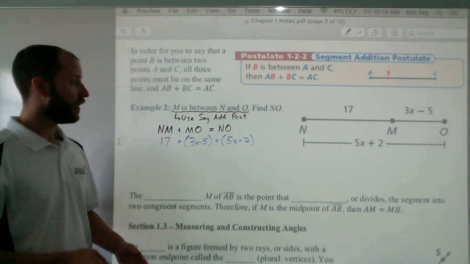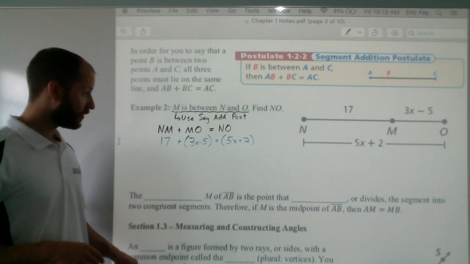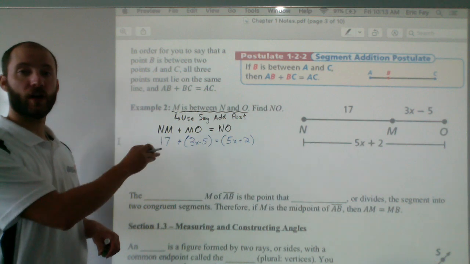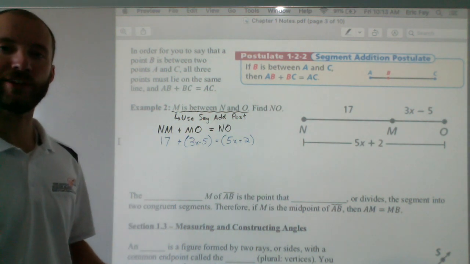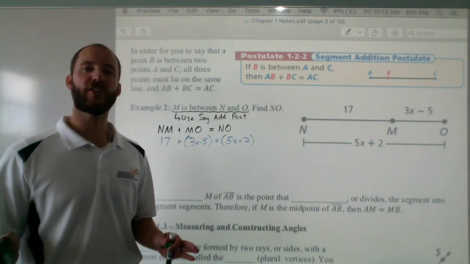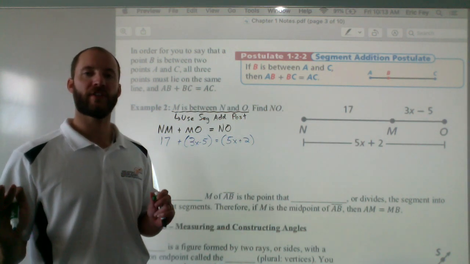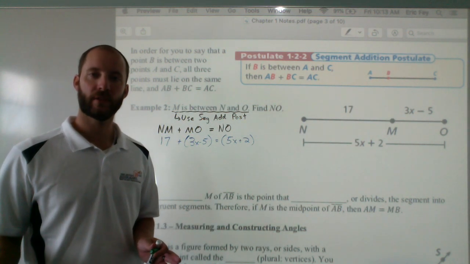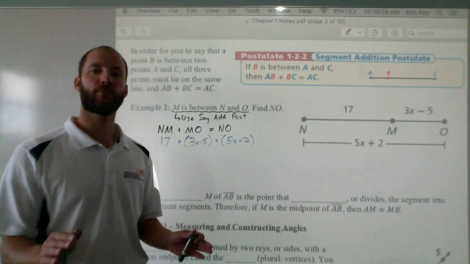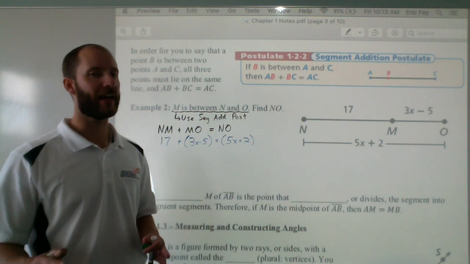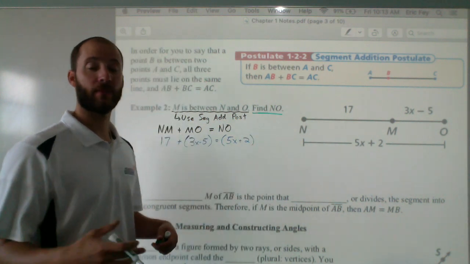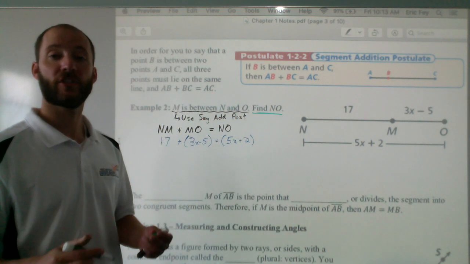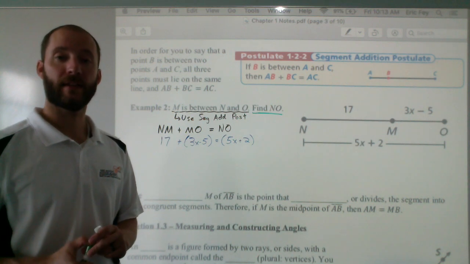All right? Take a moment to pause the video, solve the rest of this problem, and this is something I'm going to reiterate a lot during the school year. Make sure you are answering the question that's being asked. All right, what does this problem say? Does it say solve for x? Or does it say something else? Make sure you're answering the question that's being asked.